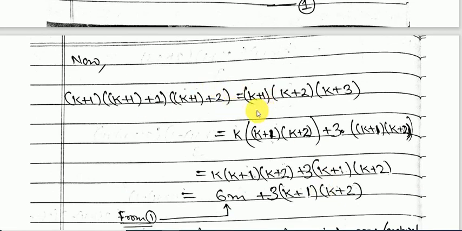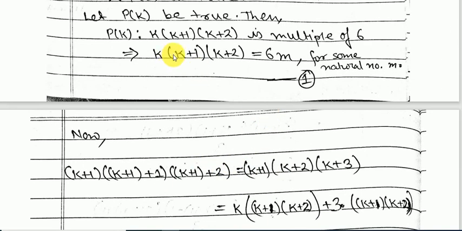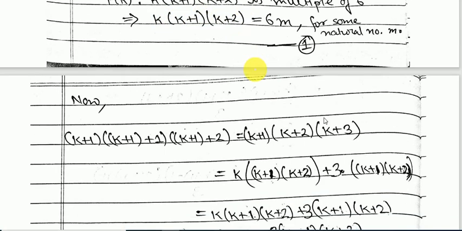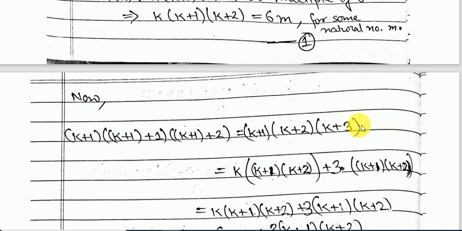Now what we can do is, here you have k into (k plus 1) into (k plus 2). From here, you have to try to take out this term (k plus 1)(k plus 2). You should try to get this term out of this. So how can we get that? See over here it has k plus 1, k plus 2.